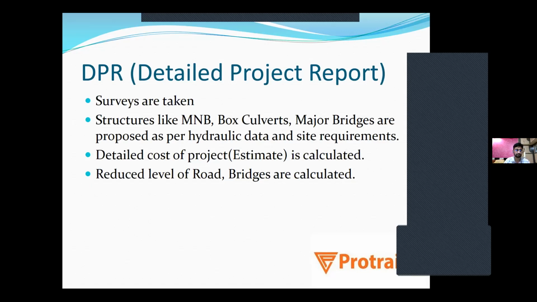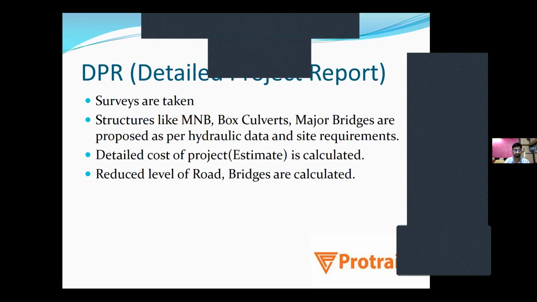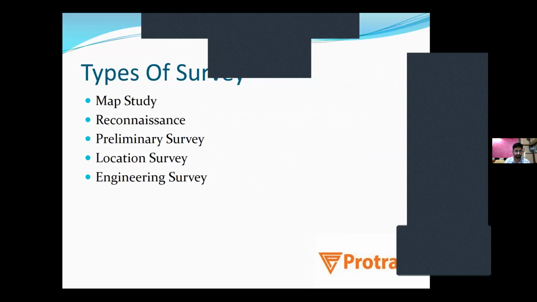Surveys are taken, then structures like minor bridges, box culverts and major bridges are proposed as per hydraulic data and site requirements. After that, the detailed cost of the project, or estimate, is calculated, and the reduced levels (RLs) of roads and bridges are calculated and put in that detailed project report.